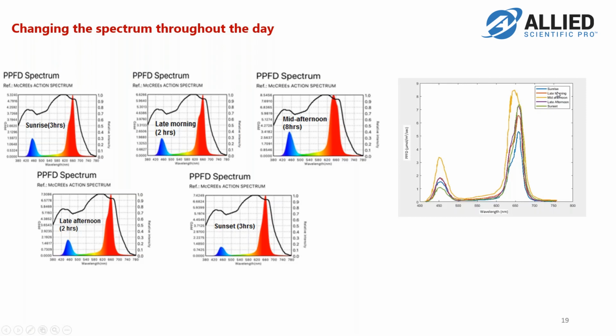But I plotted all of them over here on top of each other, and you can see that at sunset and sunrise, the blue and green are lower, and the mid-afternoon is the higher intensity. So we start with the low values, and then we ramp it up to mid-afternoon, and then towards the end we go down again. This is just to simulate what nature is doing.